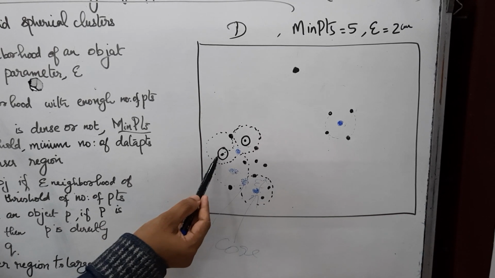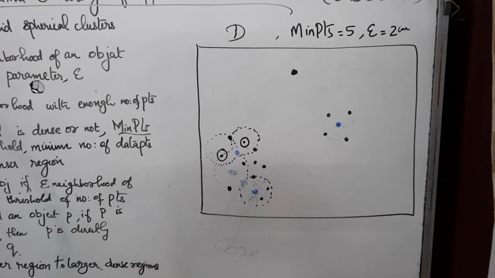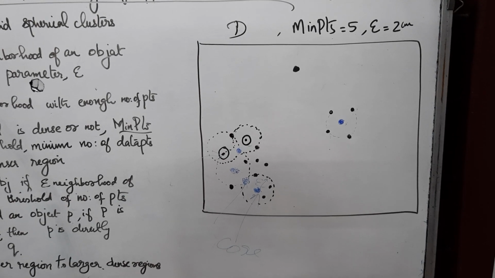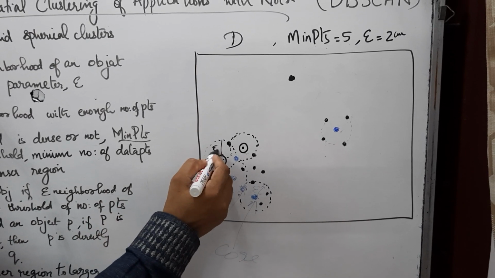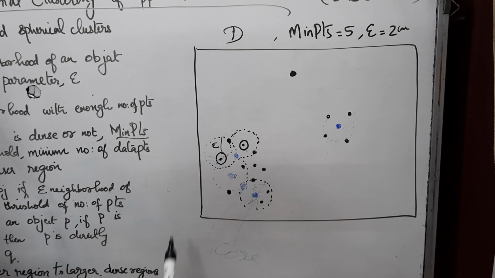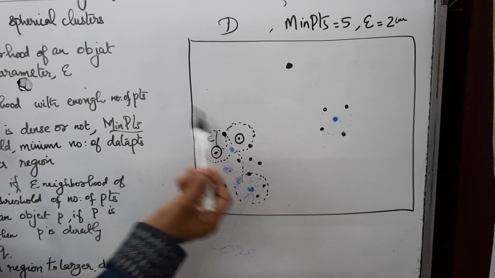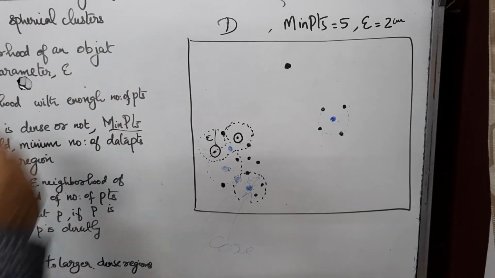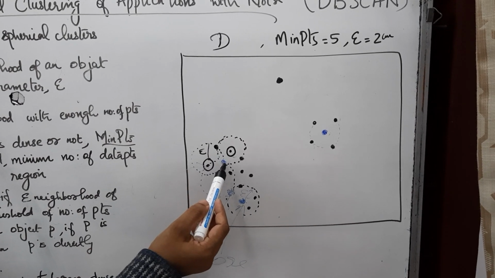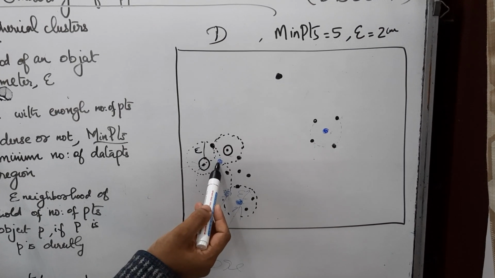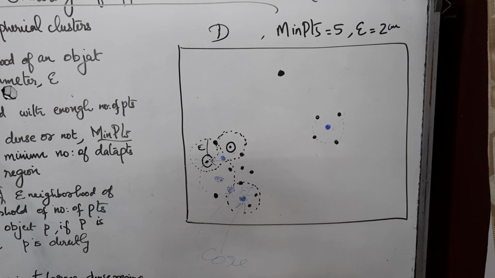But what is the peculiarity of this point? Under this radius, this is my epsilon radius, I got this point 1, then this point 2, this point 3. It is not satisfying the minimum of 5 points, but it is directly reachable from the blue points, which are core objects.